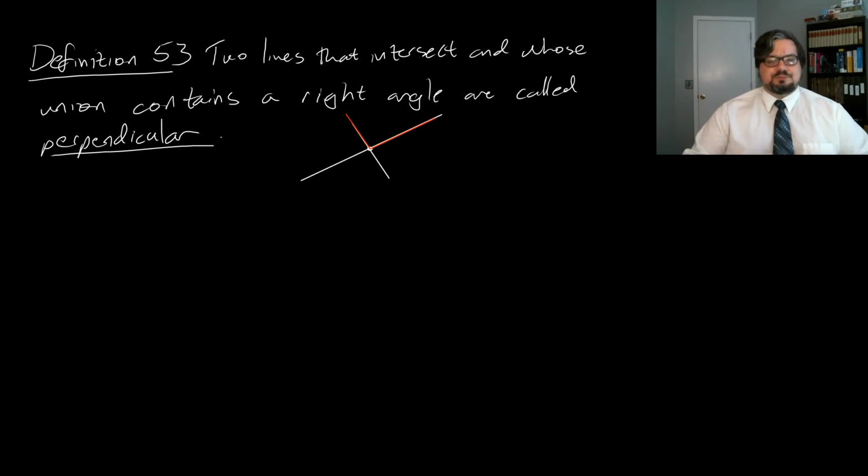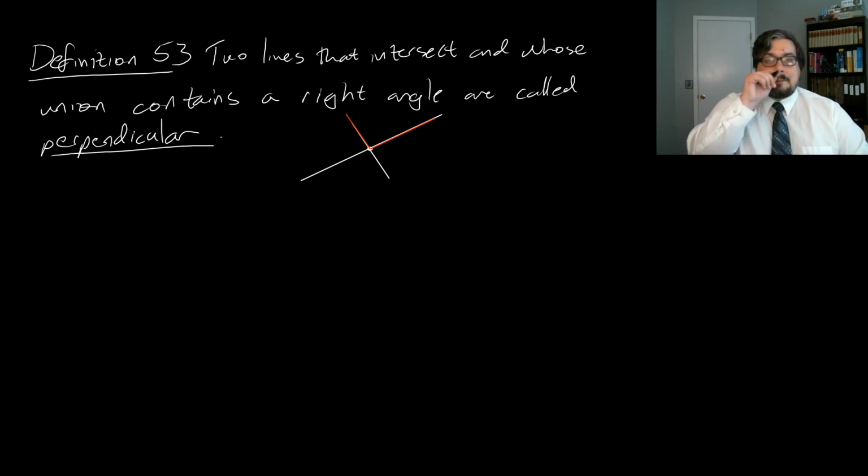So it would be equivalent here to say that two lines are perpendicular if and only if they contain four separate right angles. But it's enough just to require that they have one.